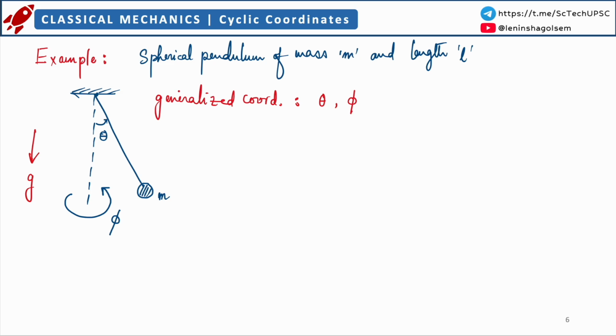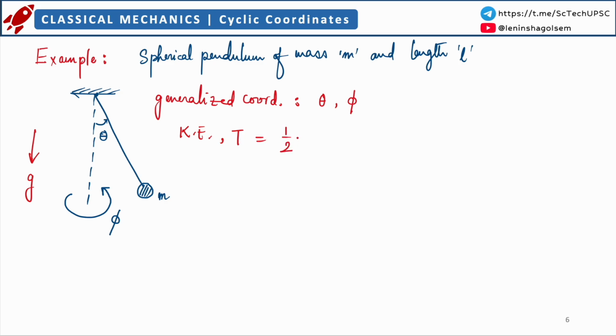Okay, so in order to write down the Lagrangian, as usual we have to calculate the kinetic energy and the potential energy. The kinetic energy consists of two parts.